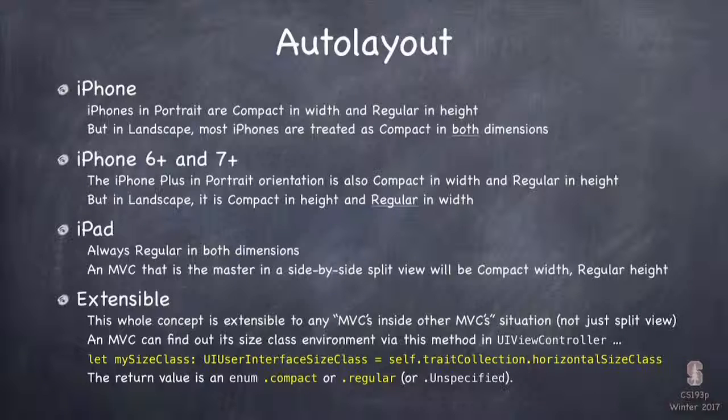And so it can react to it. Now again, I'm not going to have time to talk about that in detail, but there is this var called trait collection, which you can look at in a view controller, and it'll tell you what your current size class is, both horizontally and vertically. Okay, and there's a mechanism for passing that along down to sub-MVCs and views and things.